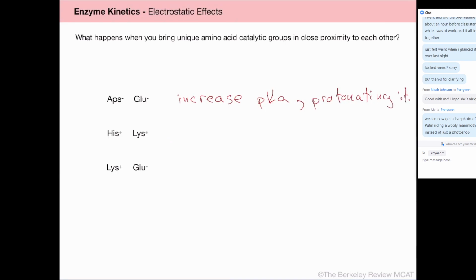And this will decrease the pKa in the microenvironment of the other one, and thereby deprotonating.